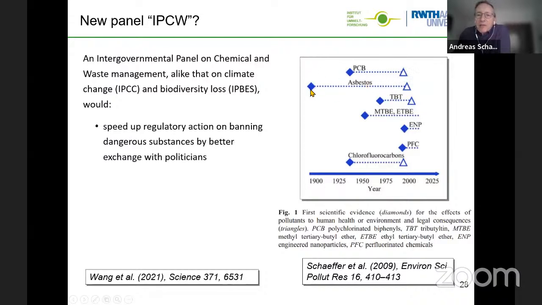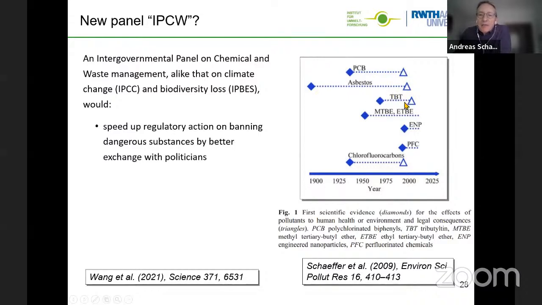An extreme example is asbestos, where more than 100 years ago it was found that people exposed to asbestos, like chimney workers, developed cancer. And it took almost one century until asbestos was forbidden.